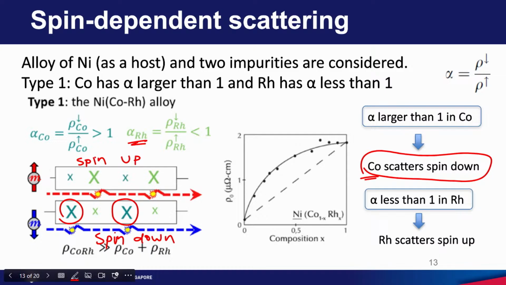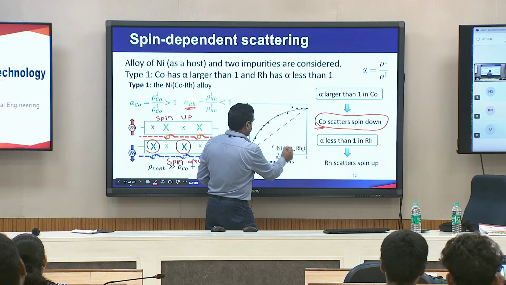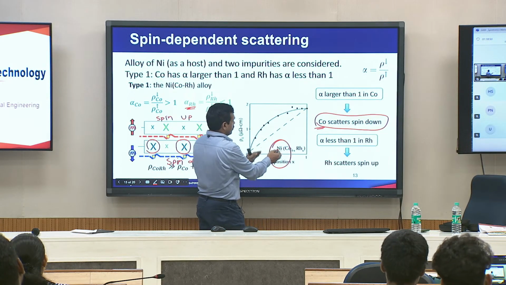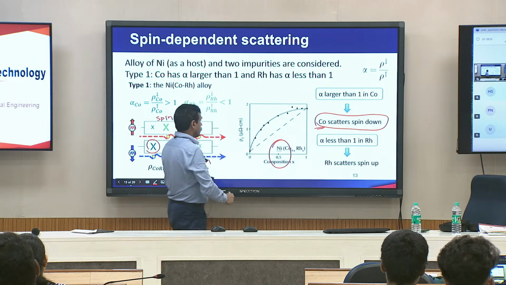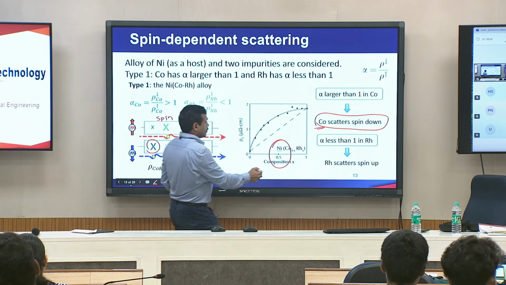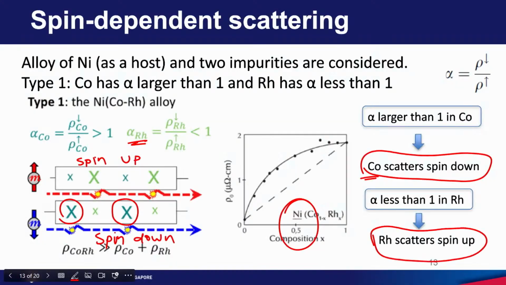This we already established, and the spin up electrons, they are scattered by rhodium. So, as you keep adding rhodium, somewhere here, let us say now you have both cobalt and rhodium. So, rhodium scatters spin up electron, and because of that you will see the scattering of electrons by rhodium. Okay. So, in the spin up channel, electrons get scattered by rhodium.